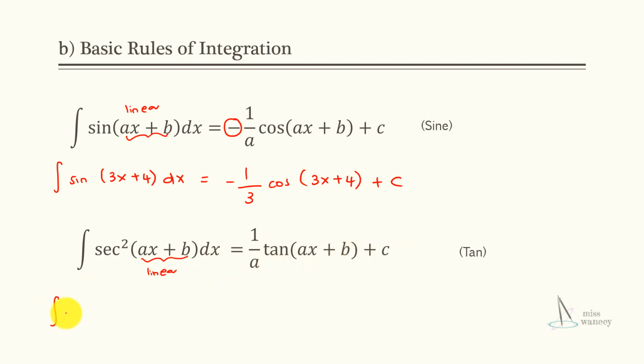So if let's say we have to integrate secant square of x plus 2 dx, so 1 over, the coefficient of x is 1, and then tangent, take whatever you have there, so x plus 2, plus c. Simplify them a little bit, so this is actually tangent of x plus 2, plus c. Okay, so done the basic rules of integration.